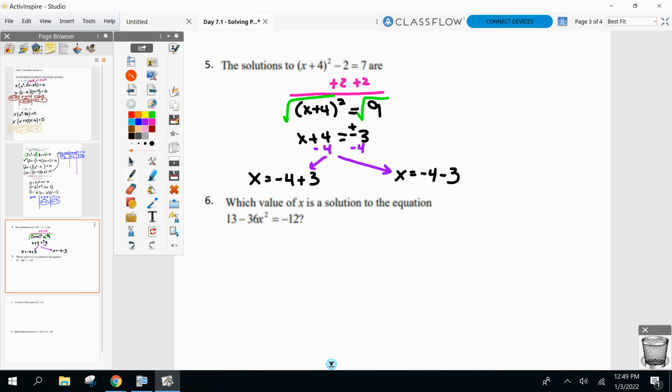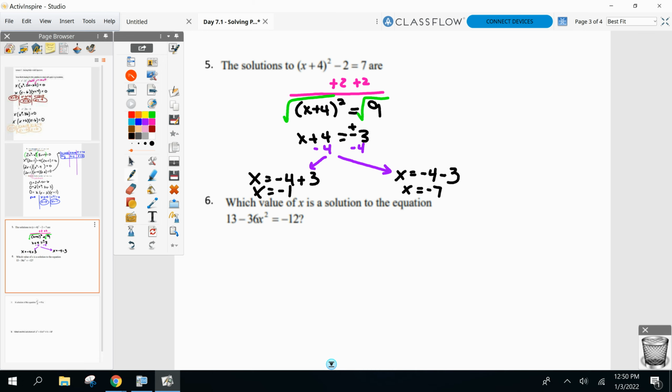So when you take the square root, we have to remember it's the plus or minus version. So x equals -1 and x equals -7. Any issues on how we got x? We can do this using square roots.